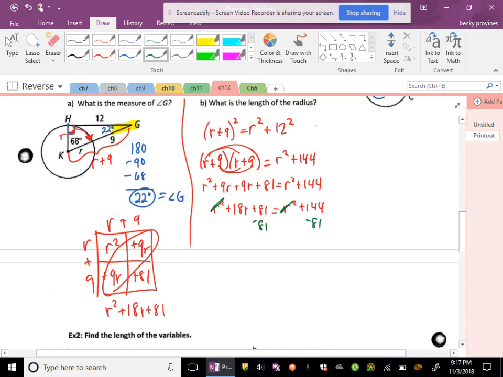So I take 144 minus 81 and get 63. Yes, 63. Then I just divide by 18 and I get 3.5. All right, so now I know my radius. My radius is 3.5.